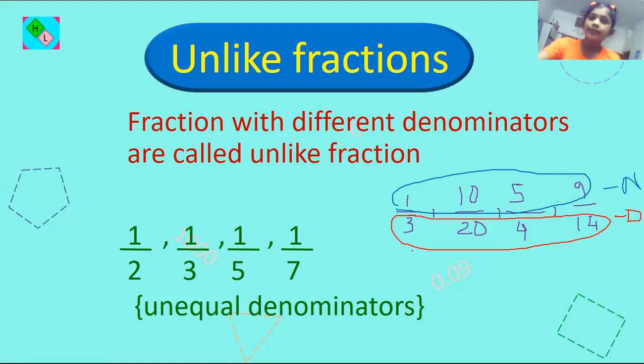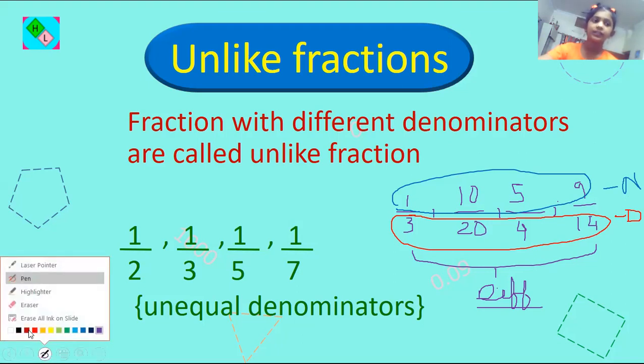You can see all the denominators are different. So in which fractions the denominators are different or unequal, then it is called an unlike fraction. It is the reverse of the like fraction.